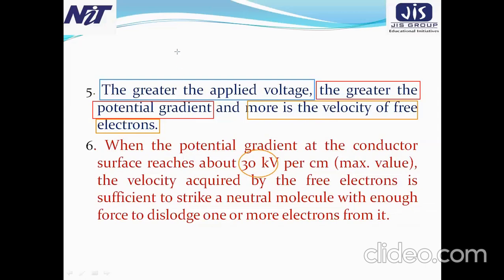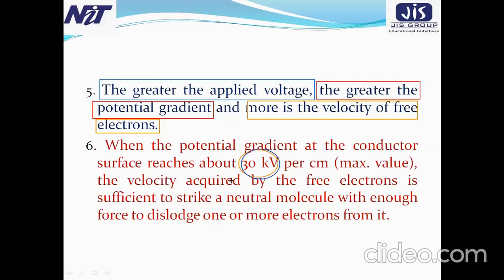If the potential gradient, G, at the conductor surface reaches about 30 kV per centimeter, that is the maximum value, the velocity acquired by the free electrons is sufficient to strike a neutral molecule with enough force to dislodge one or more electrons from it.